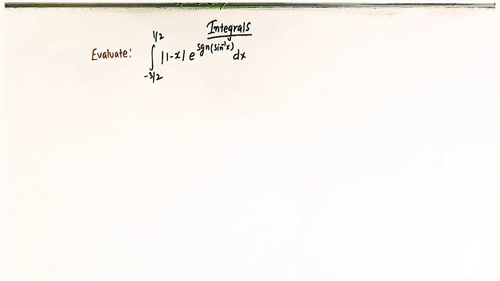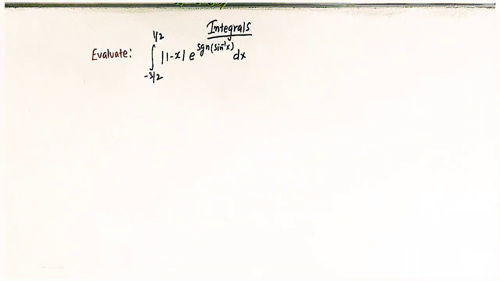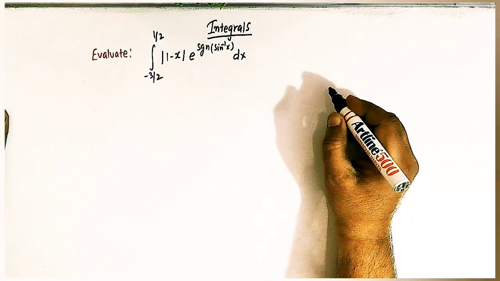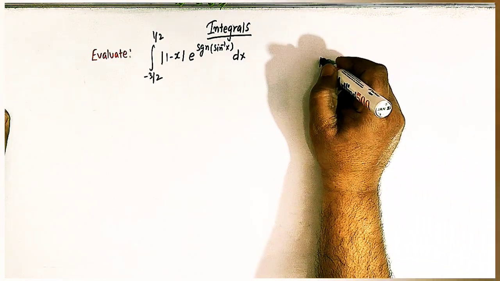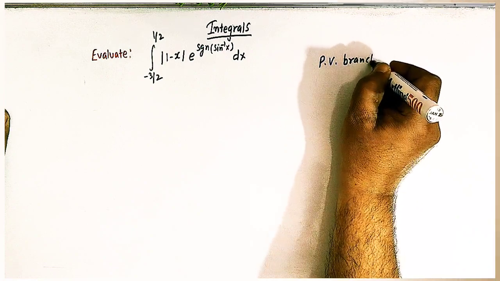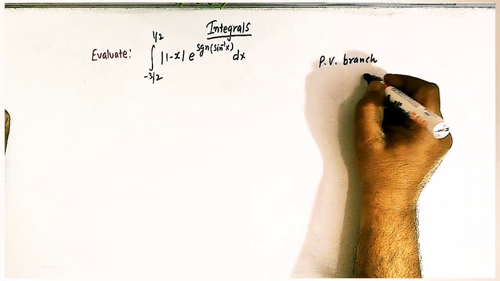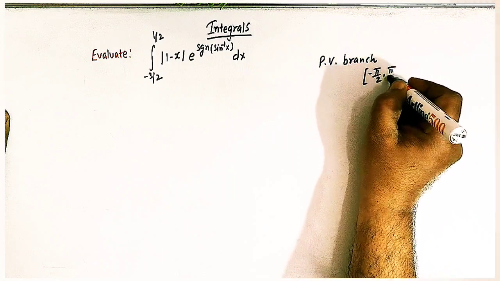So viewers, first of all we take this sine inverse x, right? Now see, from inverse trigonometric functions, we know that the principal value branch of sine inverse x is given by the interval minus pi by 2 to pi by 2.